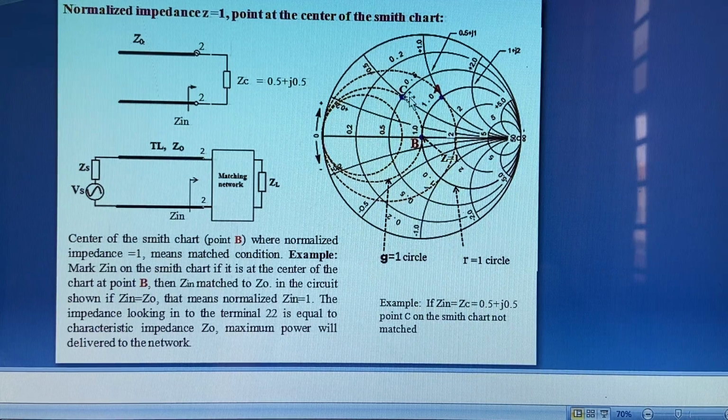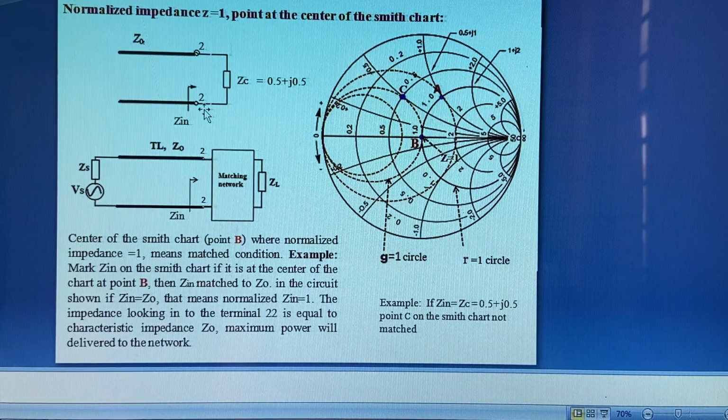It is not coinciding with the center of the Smith chart. So Zin is not a matched condition for this circuit, because if you mark this Zin, it is here, so it is not the center of the Smith chart. So this Zin is not matched with the characteristic impedance Z0. So reflection will take place from here.